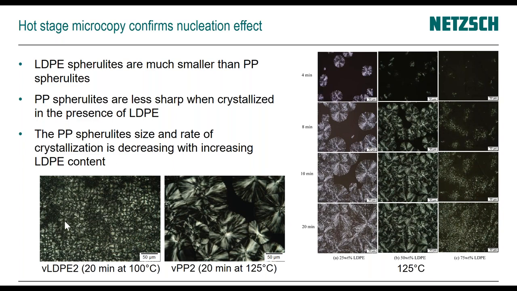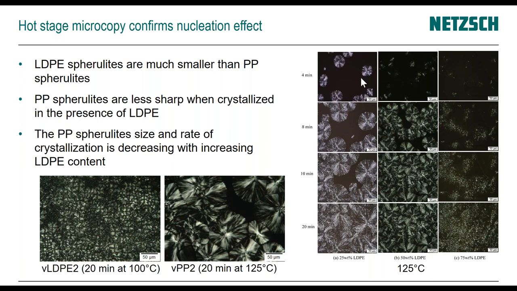And here you see at the bottom the LDPE crystallized at 100 degrees C for 20 minutes, and you see the spherulite structure, the very fine spherulites that we get. And a little blurry, not as sharp as, for example, the polypropylene that was also crystallized for 20 minutes, but at 125 degrees C. So very sharp, relatively big spherulites, characteristic for PP.